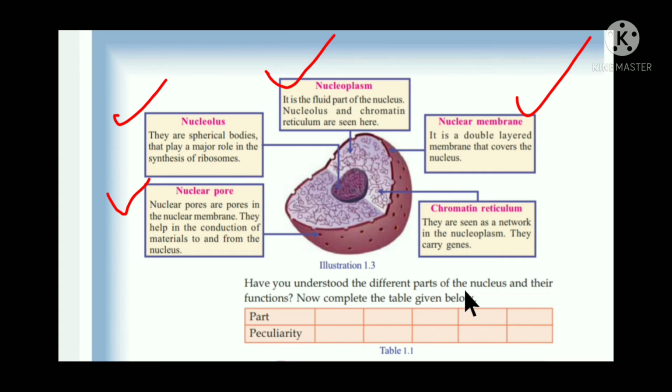So the fourth part is the nucleolus, the spherical body that helps to synthesize ribosomes.